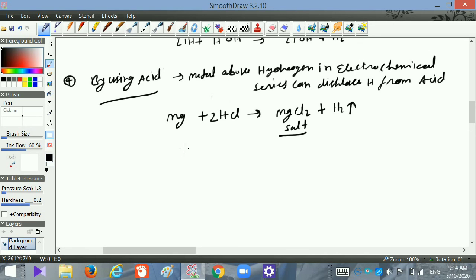You can take another example, zinc plus H2SO4, here zinc sulfate is formed and hydrogen gas is evolved.